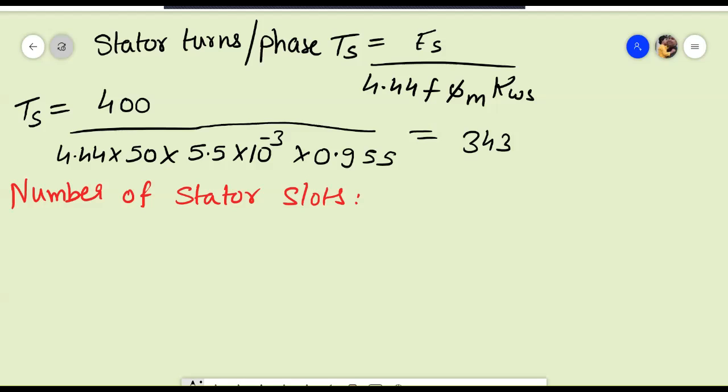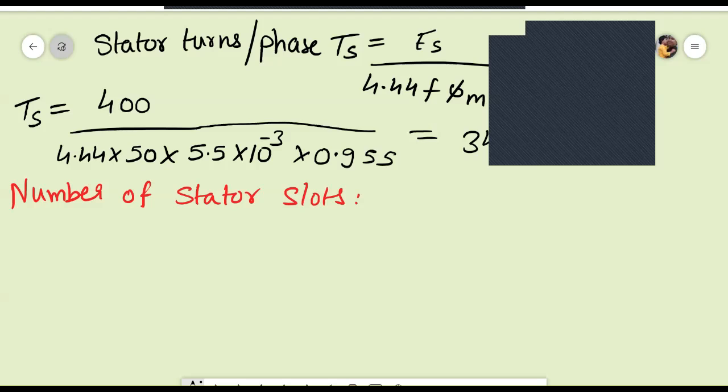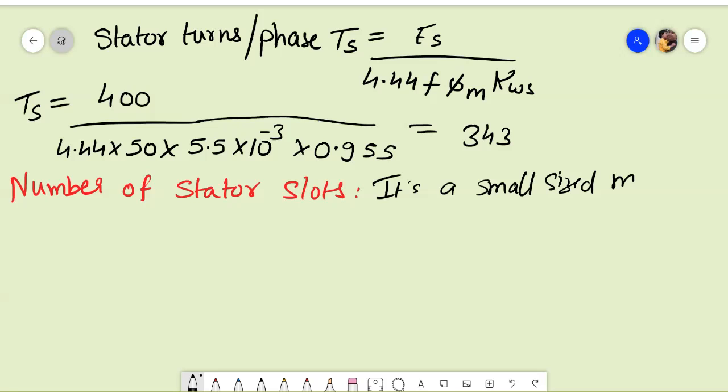We can just assume that it's a small sized machine, and we can use here semi enclosed slots.